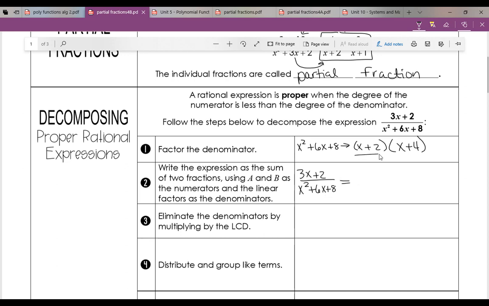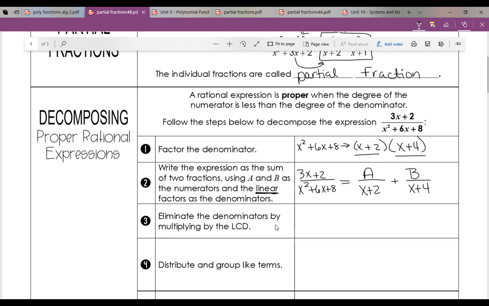And since we had two linear factors, I'm going to write A over x plus 2 plus B over x plus 4. All right, so that's how we start. Our goal is to figure out what A is so we can erase this A and put a number there, and figure out what B is so we can put a number there, and then we'll have our fraction broken down into the partial fractions.